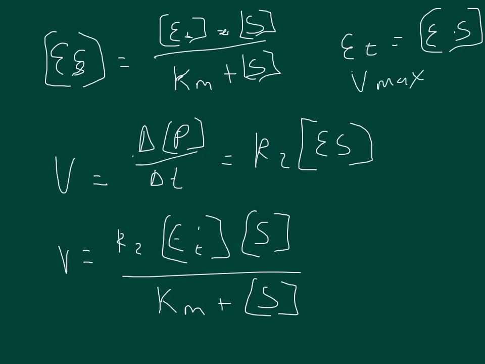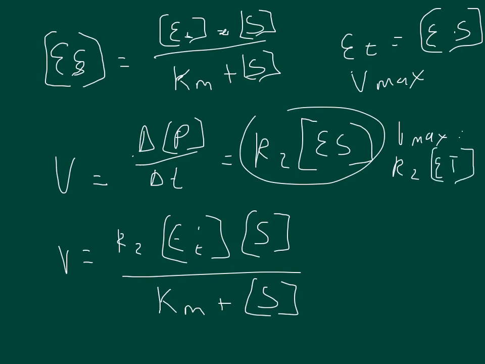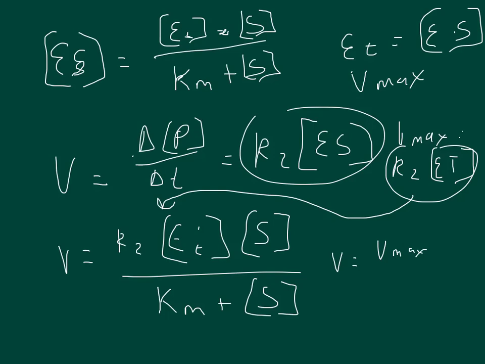So that would be at Vmax. So if we look at this equation right here, we would know that Vmax is equal to K2 times ET. So we can substitute K2 times ET in this equation for Vmax. So the velocity is equal to Vmax times S over Km plus S.